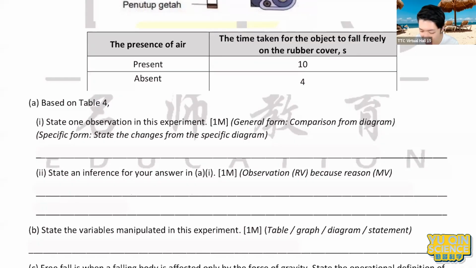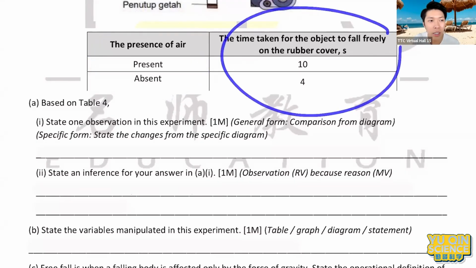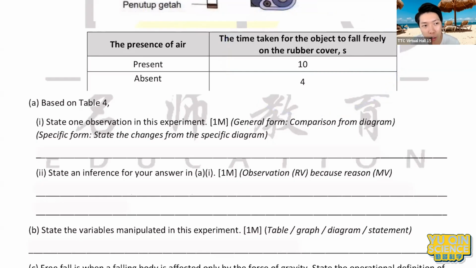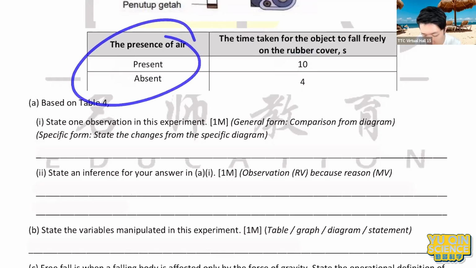Okay. I think a lot of y'all do direct translation. Okay, I show you how. You should do this one first. The time taken for object to fall freely on rubber cover when air is present is longer. Y'all reversed it already. Y'all copy exactly from here. That's why it sounds very weird.